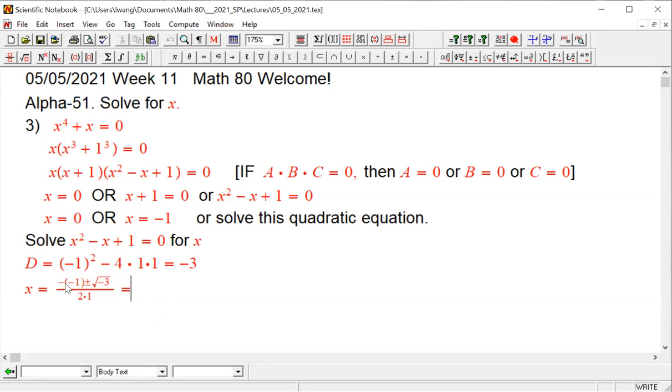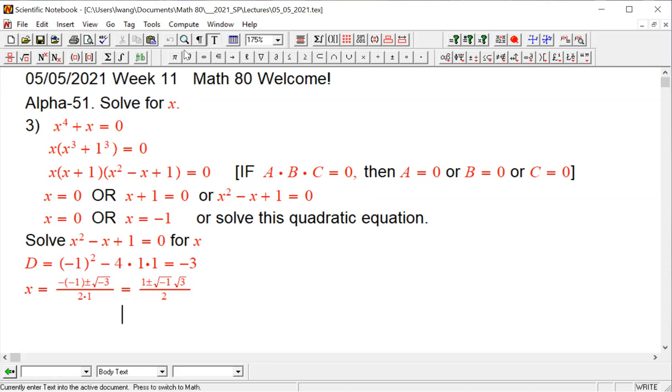Then we will simplify. 2 times 1 is 2, negative of negative 1 is a positive 1, and here negative 3 in the square root, we're going to write it as negative 1 times 3, right? And you can write it separately as root of negative 1 times the root of 3. Okay, and that expression, we know how i is defined, right?